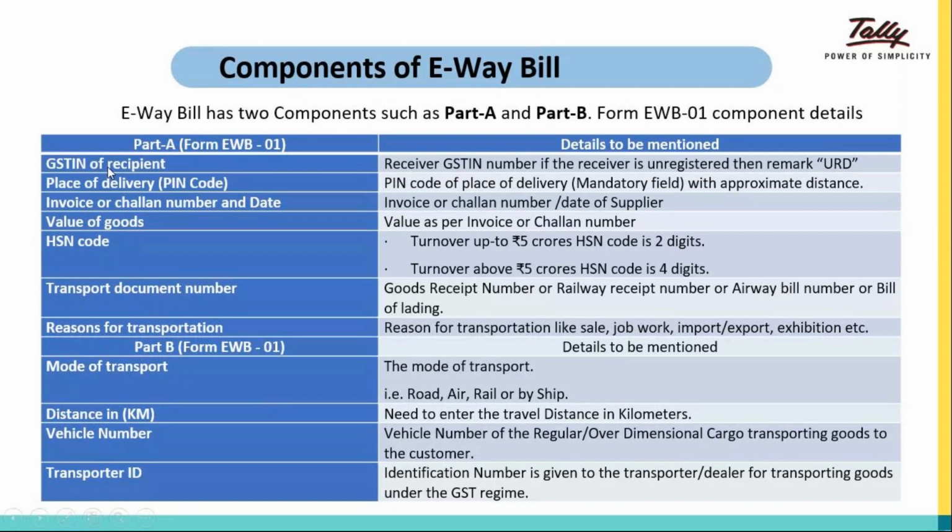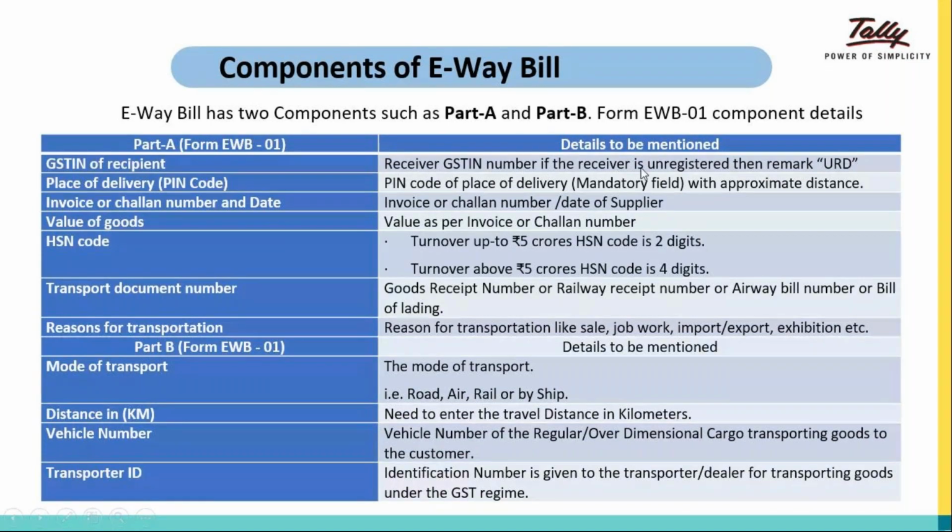So in part A, you have the GST registration number or GST identification number of the recipient. This is the field you have to fill in part A. It will also tell you here what details have to be mentioned. Receiver GST registration number.